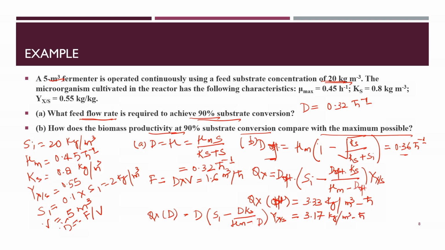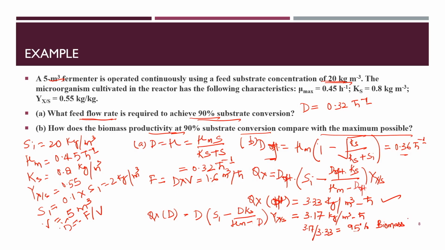So, what does it mean? At D optimum, the productivity has increased from 3.17 to 3.33 kg per meter cube, and we can quickly calculate the percentage as 3.17 upon 3.33, which equals 95%.